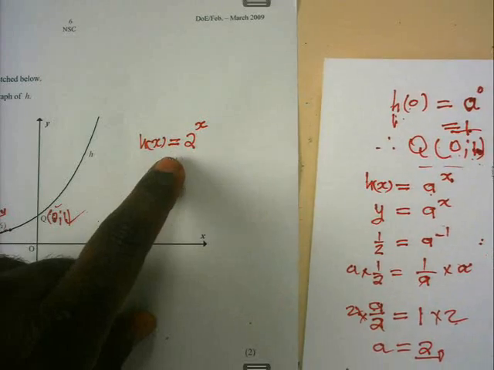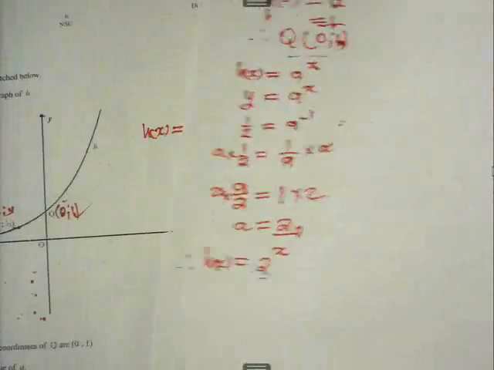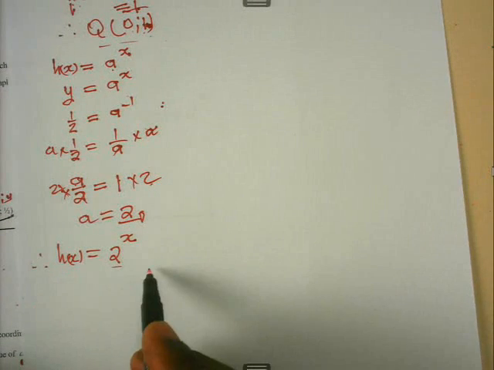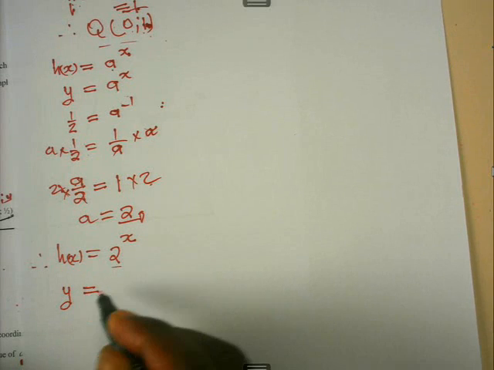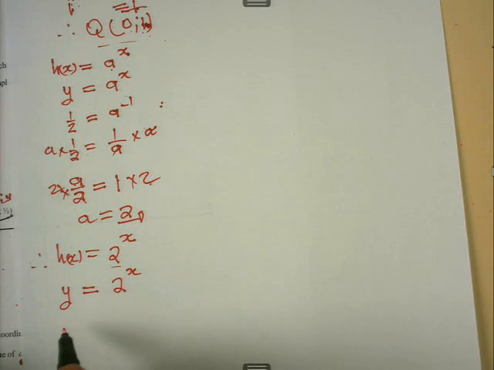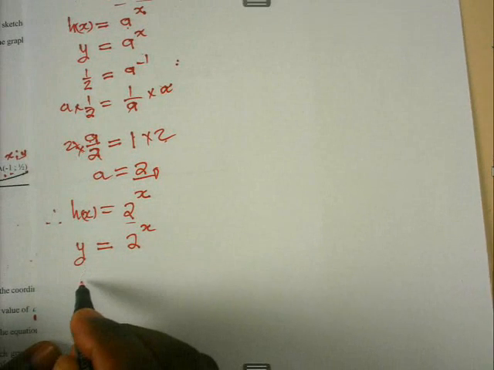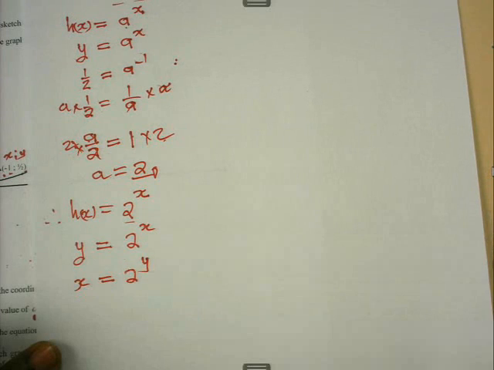Right. So now that we have this, if we write this in terms of y, we have y equals 2 raised to the power of x. Then we interchange them, and we have x equals 2 raised to the power y.